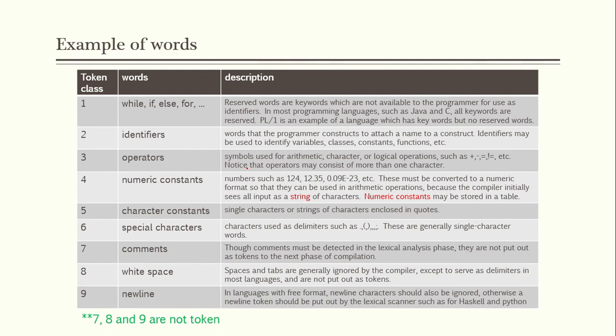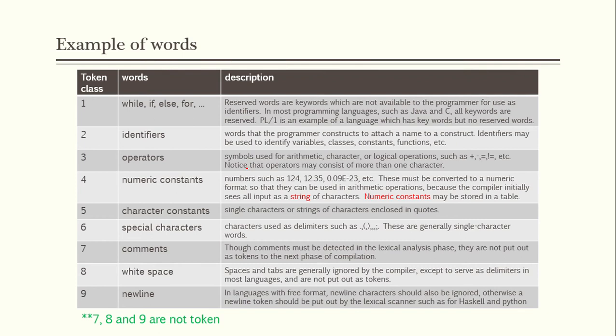So what is a numeric constant may be stored in the table, and anything that you store in the table is a string. A numeric constant actually is a string. But when we want to manipulate the number, we need to convert the type into a numeric format later. When you store it inside the table, it is called a numeric constant.